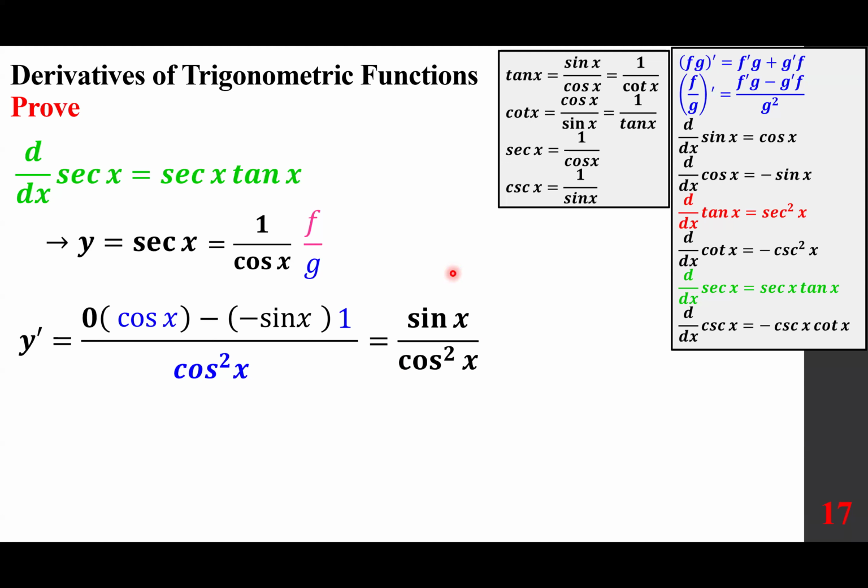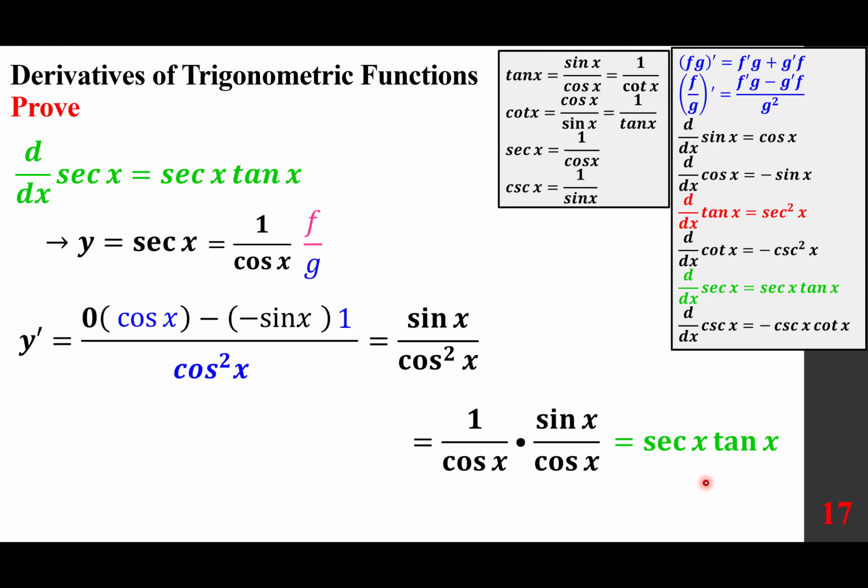In this case, we are going to go with secant and tan. We are going to write this as 1 over cosine, sine over cosine. 1 over cosine is secant x. Sine over cosine is tan x. And we just proved the derivative of secant x is secant x tan x.